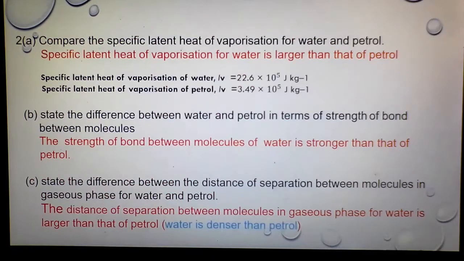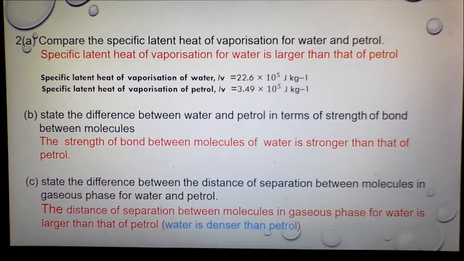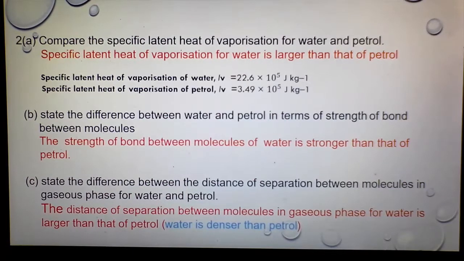Number 2, compare the specific latent heat of vaporization of water and petrol. So same thing, you just compare the values. Specific latent heat of vaporization for water is larger than that of petrol. Then state the difference between water and petrol in terms of strength of bond between molecules. So the strength of bond between molecules of water is stronger than that of petrol.